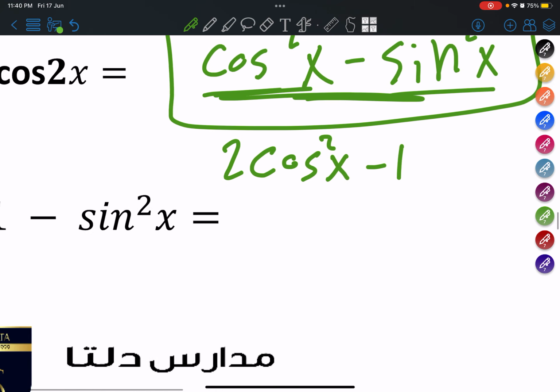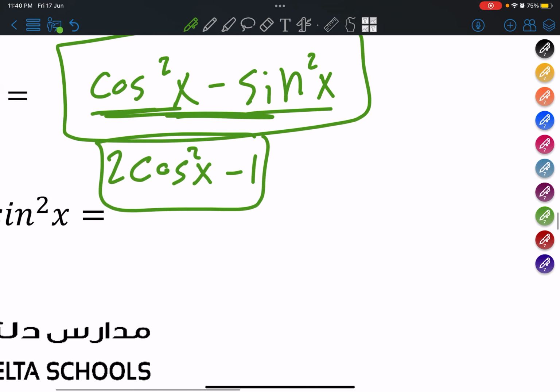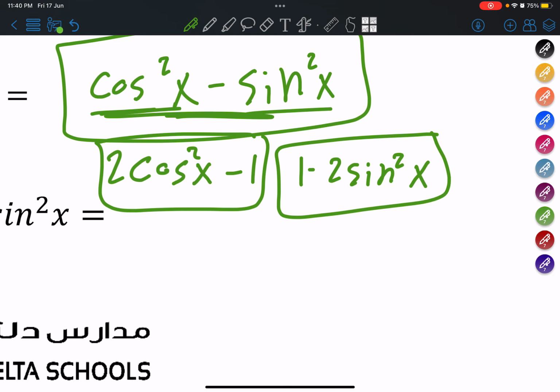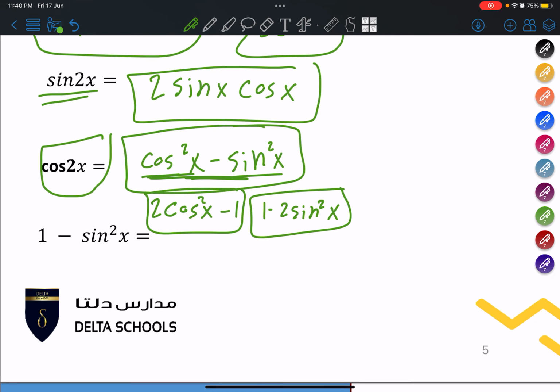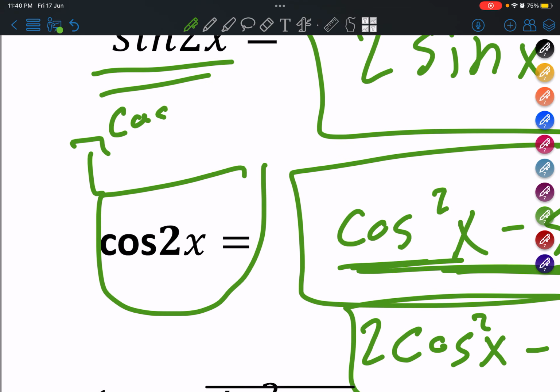And if we want to convert it in terms of sine x, it'll become 1 minus 2 sine square x. So these are the three formulas for cosine 2x, which is derived from cosine a plus b.